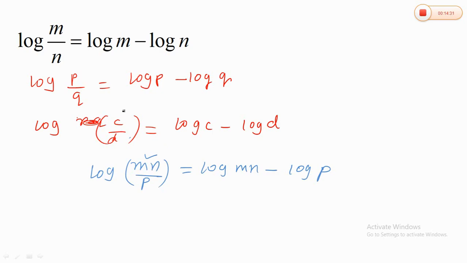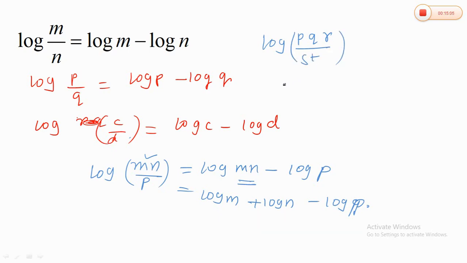Again observe, it is a product here, so therefore log m plus log n minus log p. Now consider this one: log pqr divided by st.